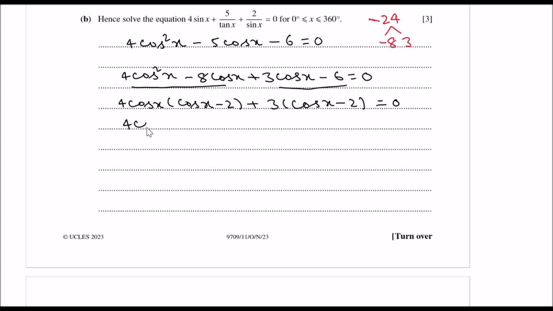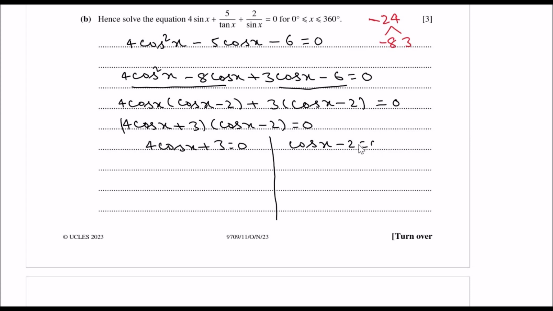Now we can write 4 cos x plus 3, and another bracket we have cos x minus 2 equal to 0. Now we write both the factors equal to 0 separately. Okay. Therefore we can write 4 cos x plus 3 equal to 0, or the other factor is cos x minus 2 equal to 0.